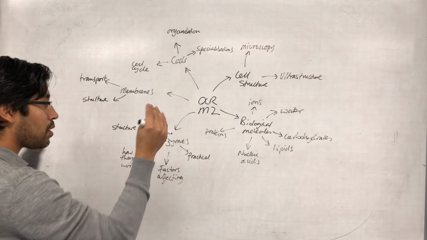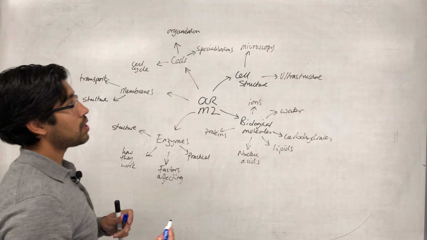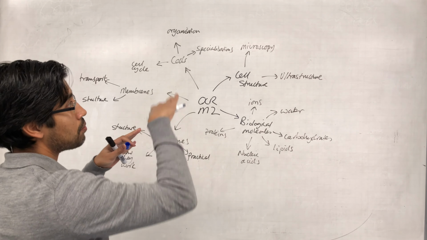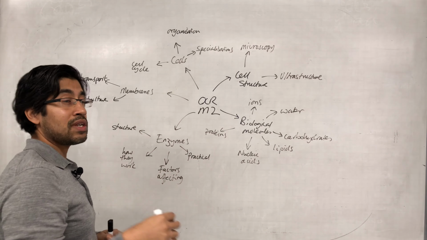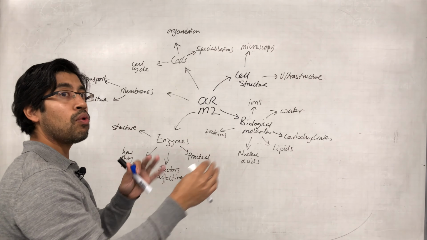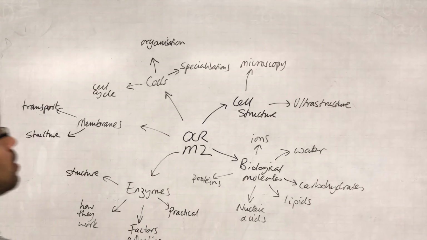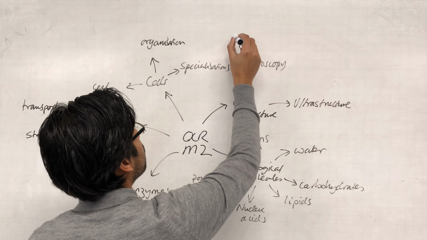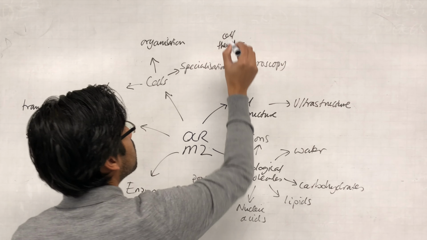Okay, now we go even deeper. We're going to branch off, and remember there's still further detail from what I'm producing here, but each of the ends of these branches theoretically shouldn't be more than about 5 to 10 points. So within microscopy, the first part of it was cell theory.